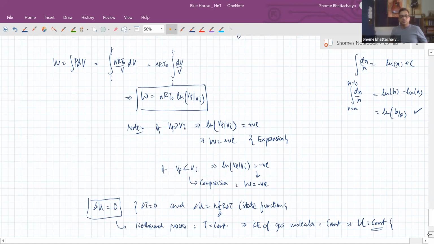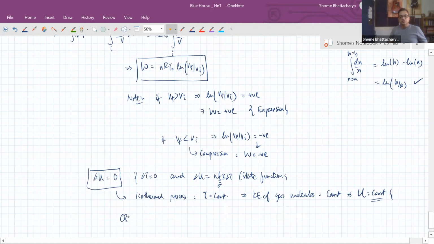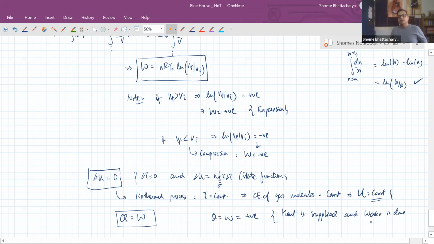So basically what happens is that any heat exchange results in mechanical work. So Q is equal to W, a positive quantity, when heat is supplied and work is done by the gas during an isothermal expansion.